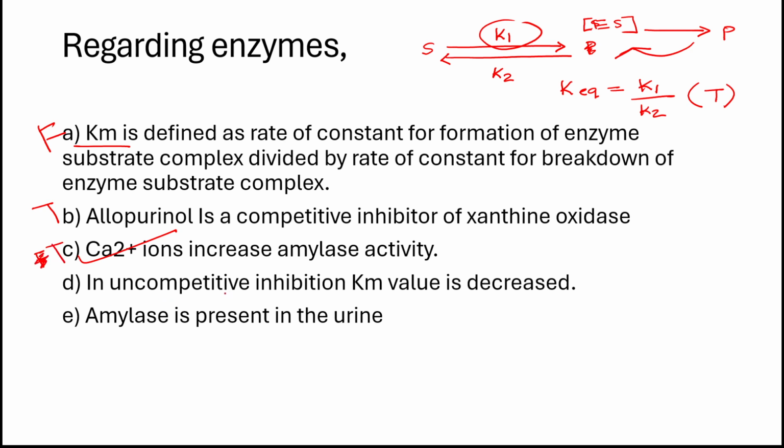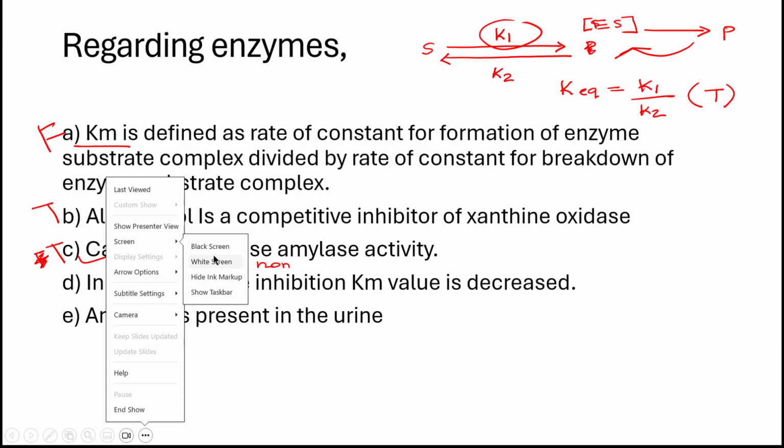And uncompetitive inhibition, Km value in uncompetitive inhibition. So what happens in non-competitive inhibition? Now I'm just going to draw the graph back again.